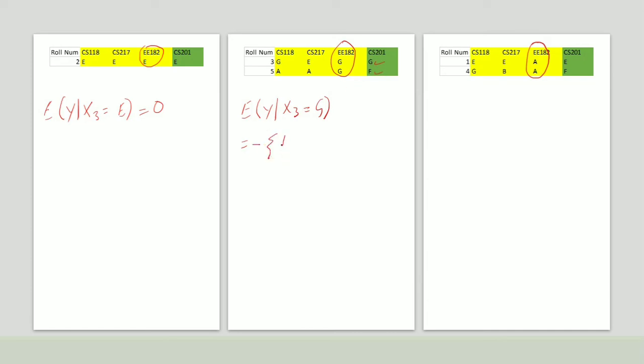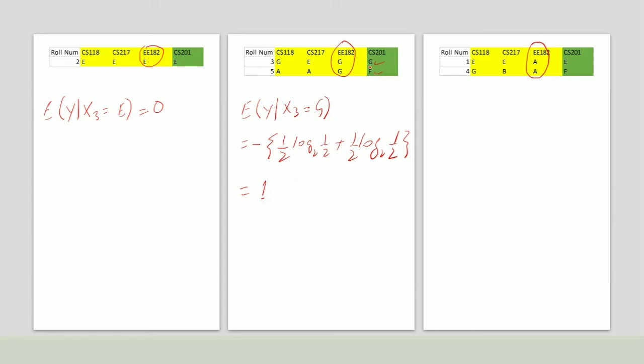So I would calculate it using the formula: 1 out of 2 is good, log base 2 of 1 out of 2, plus 1 out of 2 is fail, 1 out of 2 is the probability, into log base 2 of 1 out of 2, and the answer for this is 1, that we already saw in the previous video.